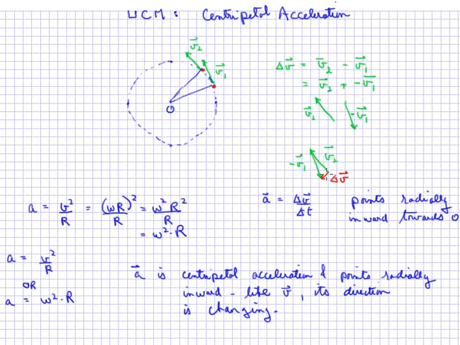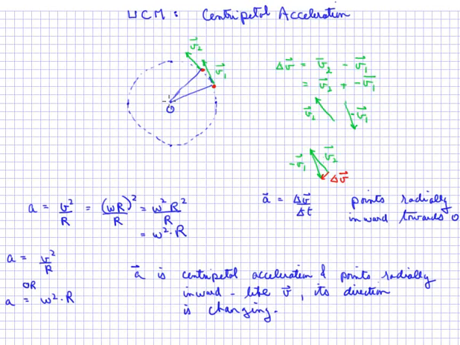And you can see that when you look at the picture here, this delta v is pointing inwards along the radius. And so what we're imagining is that these two points are increasingly close together. The delta t separating them is made smaller and smaller.